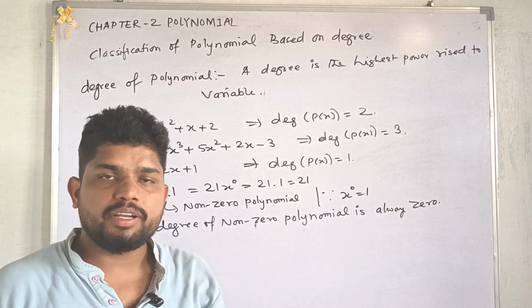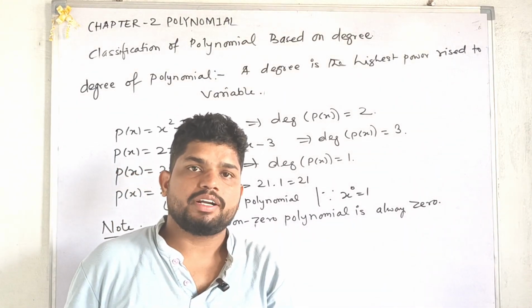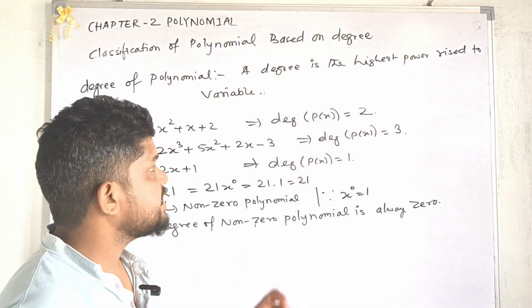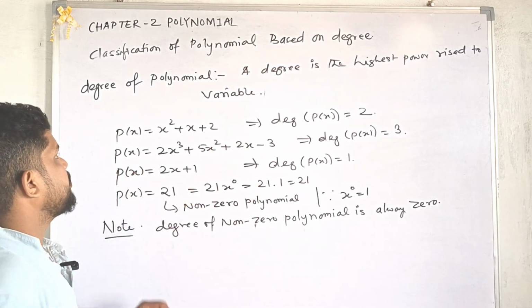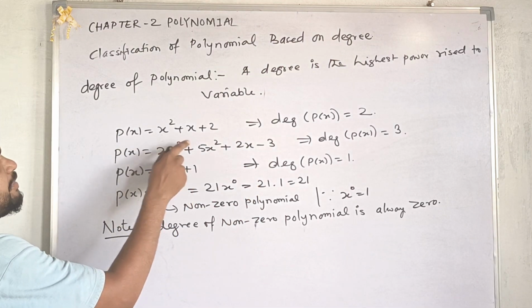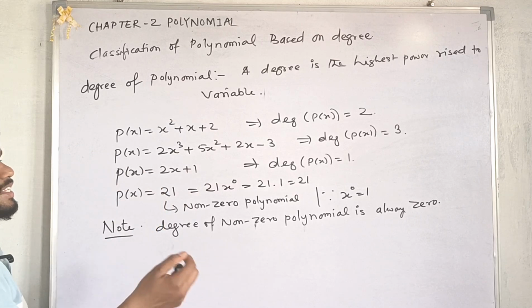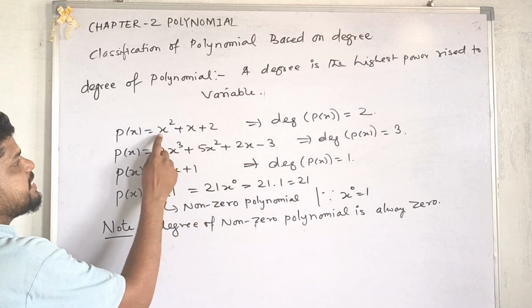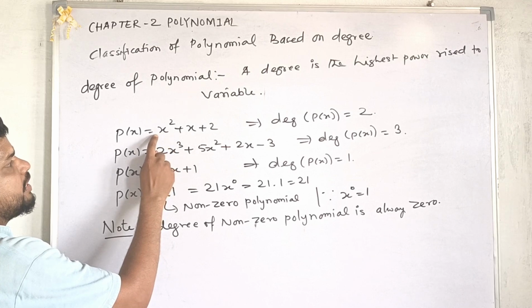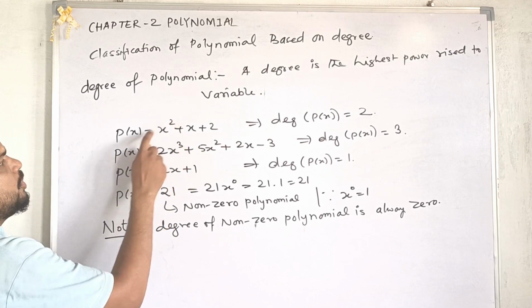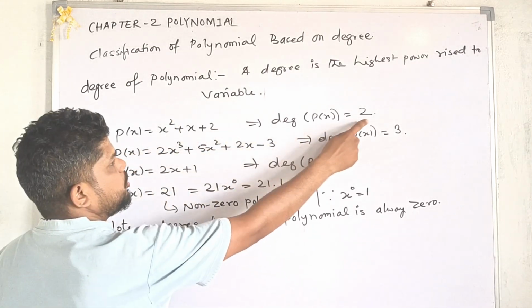For any polynomial, the highest power raised to the variable is known as its degree. For example, p of x is x square plus x plus 2. Here you can see that the variable is x and the highest power raised to the variable x is 2. So the degree of this polynomial is 2.